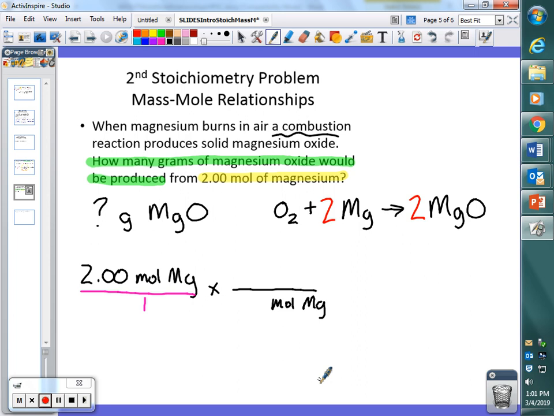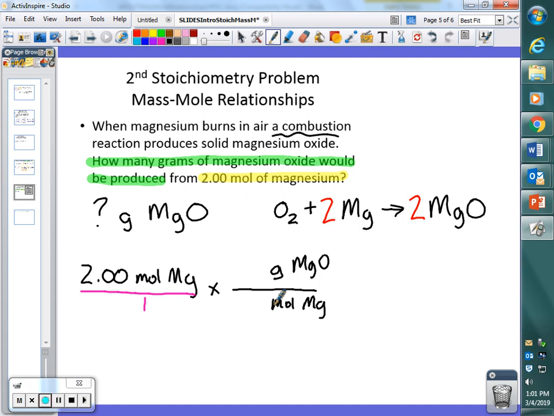So, according to the rules we've done up until this point, conversion factors get rid of bad units and leave us with good units. So according to what we've done so far, we should put grams of magnesium oxide up on the top of that conversion factor.